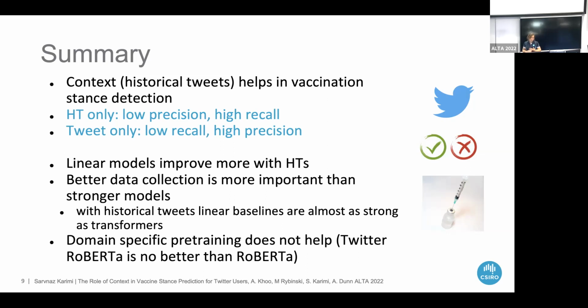Linear models were really doing well. You don't really need to use Roberta for this type of problem, at least for us, we didn't see much benefit. Linear models were very simple and very easy to work with. So simple logistic regression probably is a go-to.